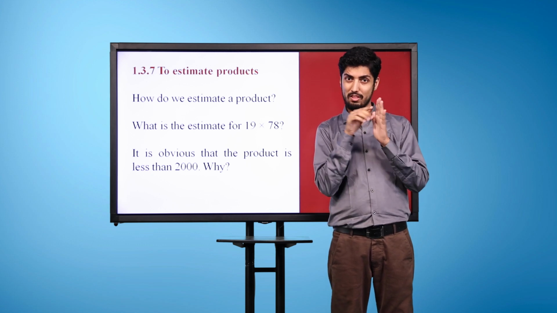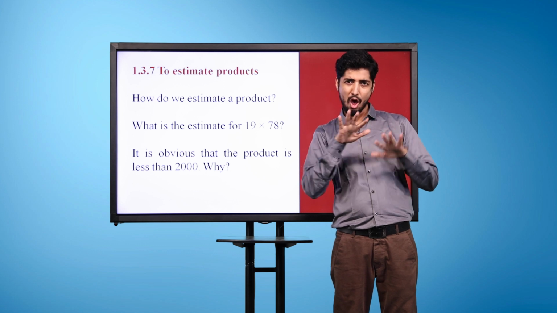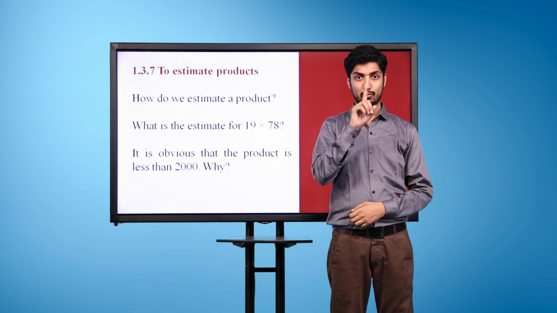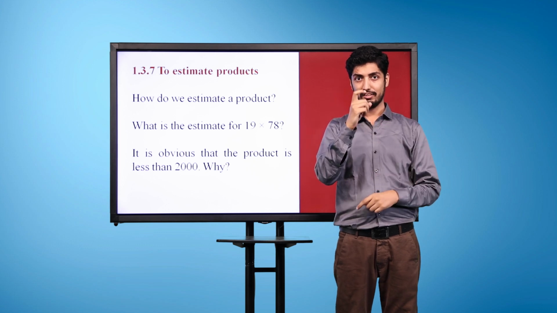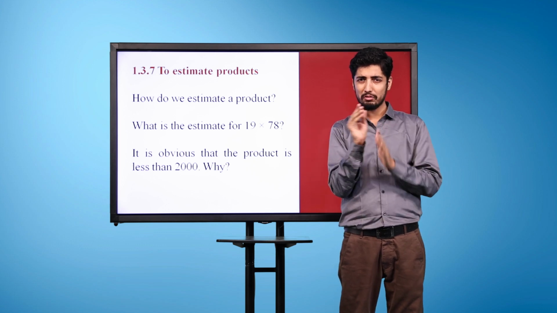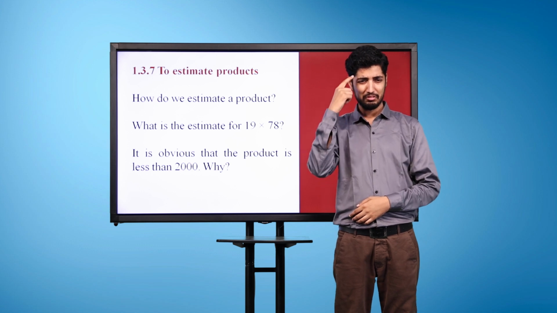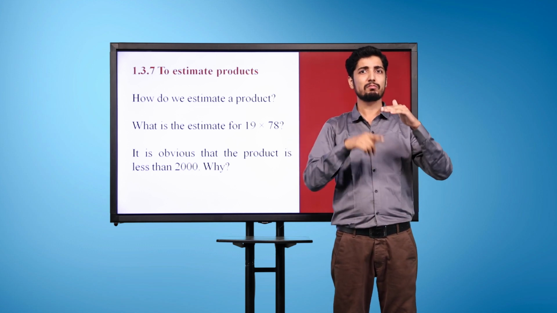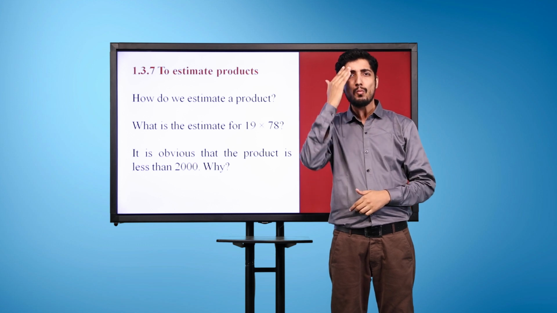How do we estimate a product? What is the estimate for 19 multiplied by 78? It is obvious that the product is less than 2000. Why?